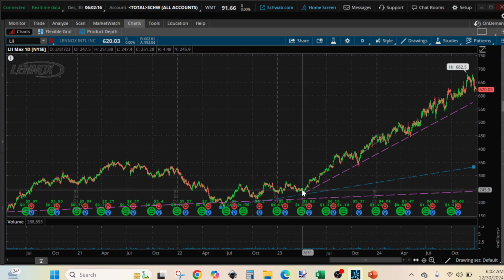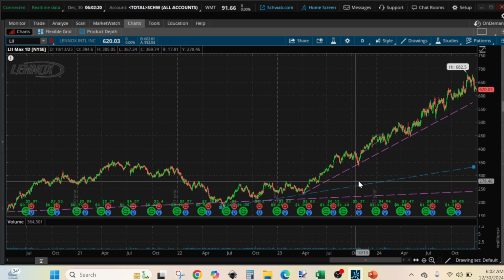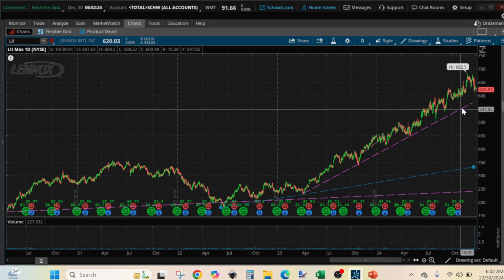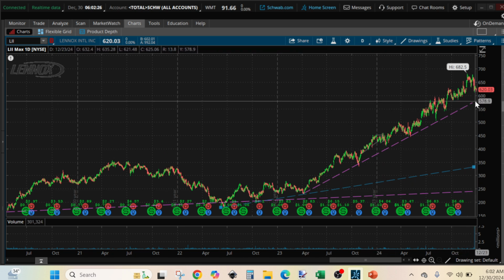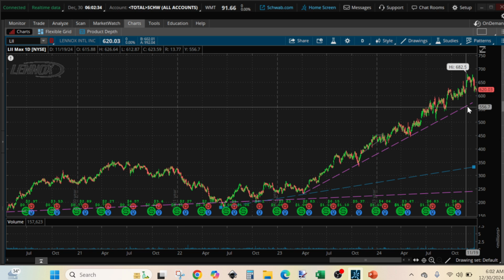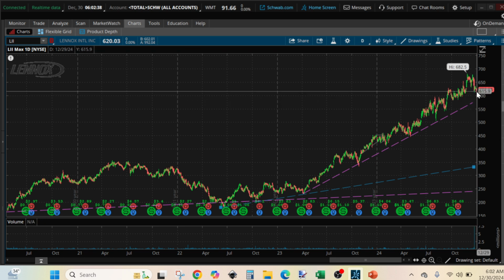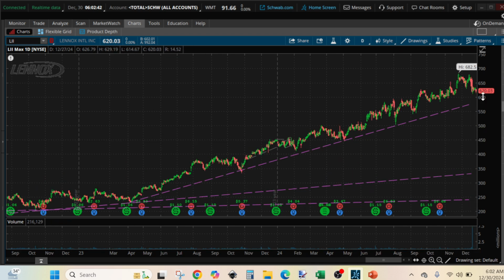This is 1 year too, so more than 1 year, more than 1 year trend line. And it's been touching it constantly, so we will be waiting on it there to see if that is where the stop line is going to be. But for now, it's not quite there yet.